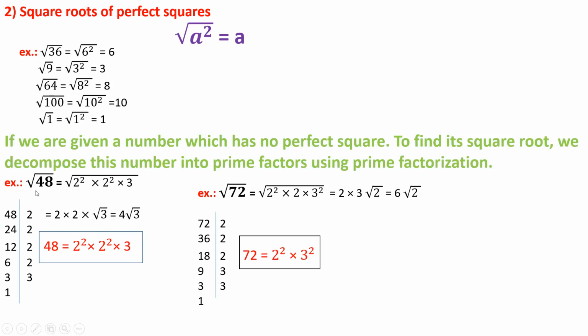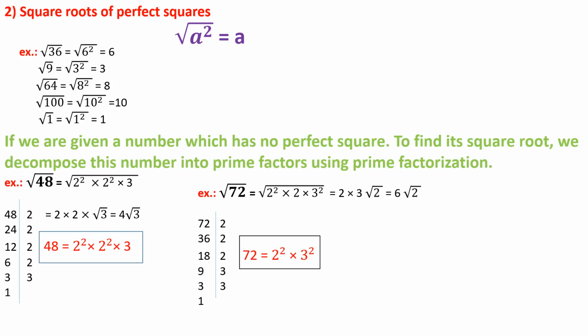So I make the prime factorization of 48. How do I write it? I don't write 2 to the power 4 times 3. I need to have squares. So I count 2 times, I write 2 squared. 2 times again, I write 2 squared. And 3 one time, I write 3.